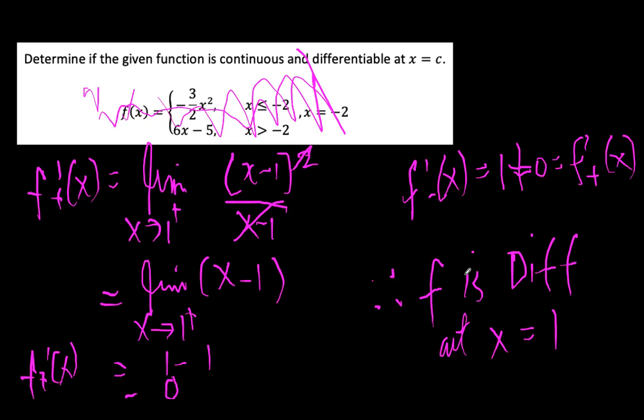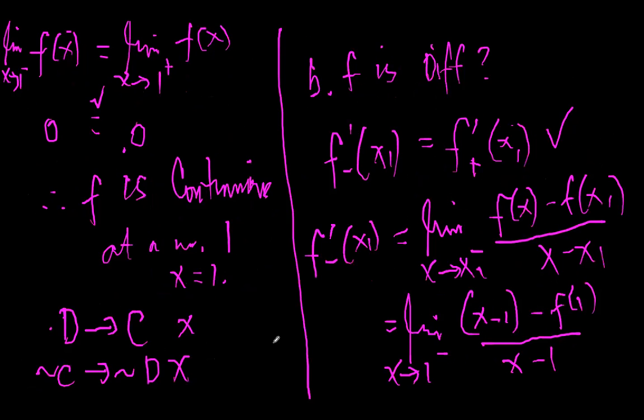So since they're not equal, therefore f is not differentiable at x is equal to 1. Okay, here we go. This is final. So f is not differentiable, but f is continuous.